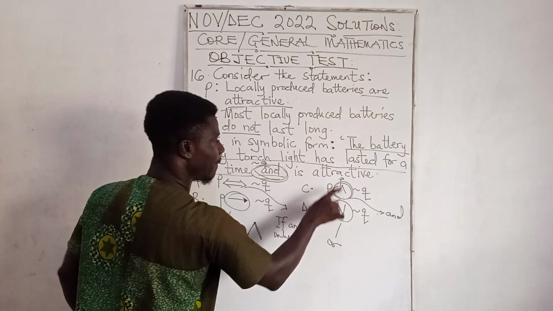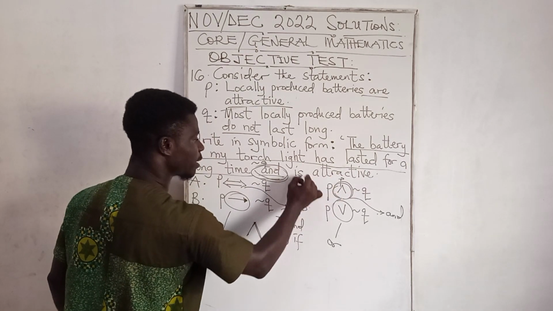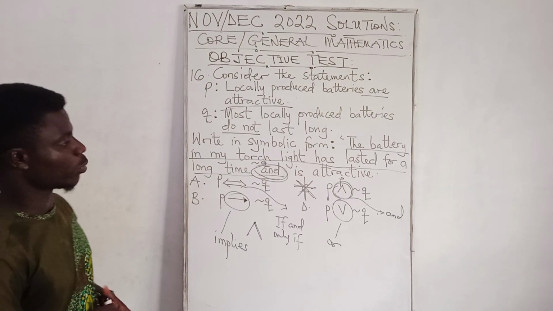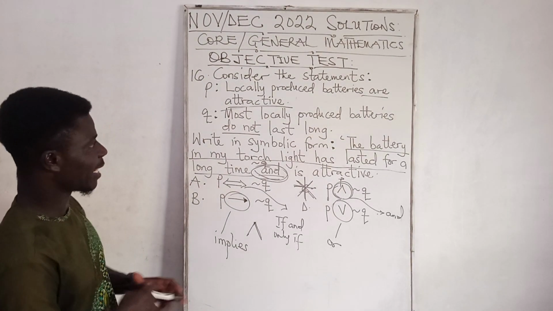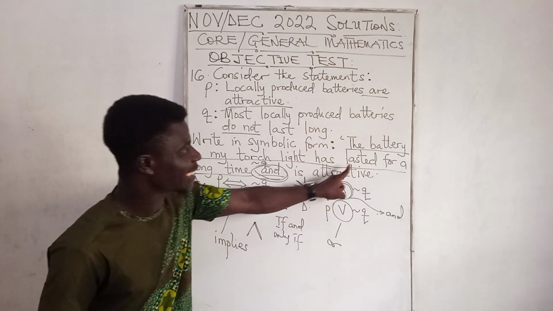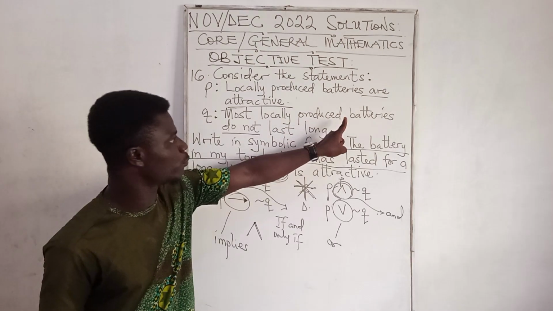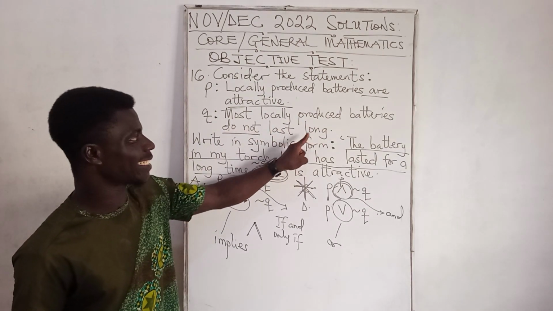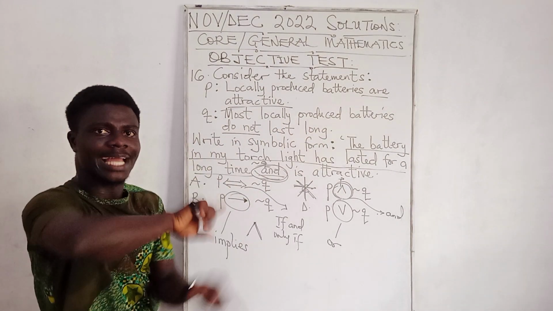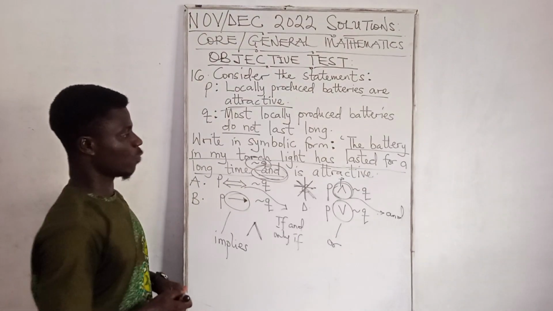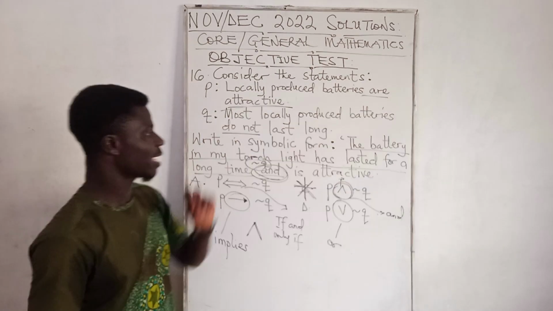Then we have this P. So I go in for option C. I go in for option C. So I can say that the battery in my torchlight has lasted for a long time. But if you come to statement Q, most locally produced batteries do not last long, which means that's the opposite of this Q. So that's the negation of Q. And it's attractive.